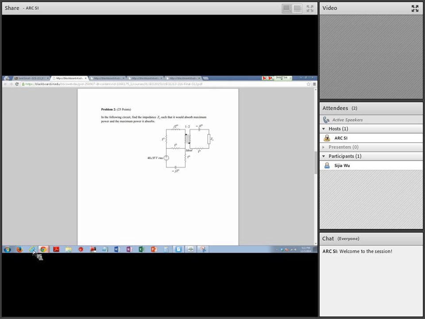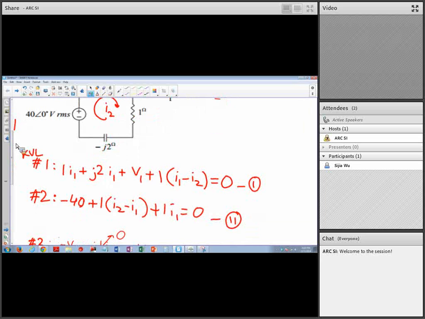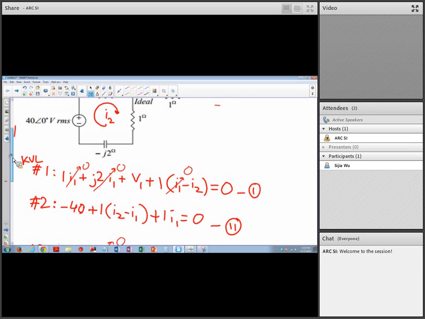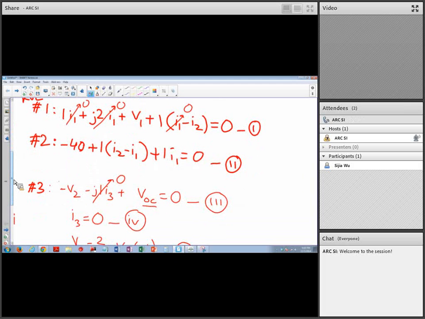So you get also V1 equals 0 from here. No, V1 equals to minus I2, or I2 from here. This is 0. So V1 equals to I2. And this one's 0.